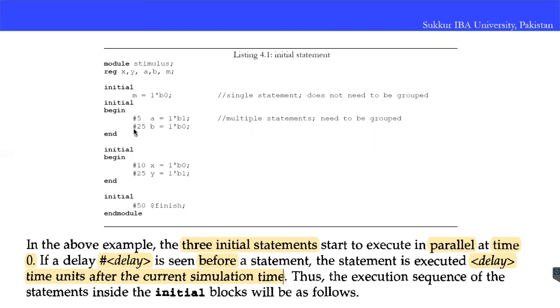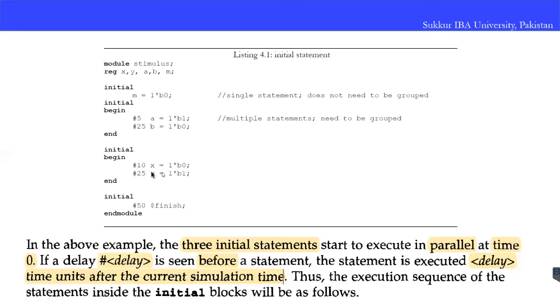Don't assume that if this initialization is performed at 5 and this one at 30, then this one will be performed at 40. This doesn't happen in Verilog, because this is an independent block. That's why this initialization again will start at t equal to 10 time units. And because there is already a delay of 10 time units, it will be added with this 25, so it becomes 35.